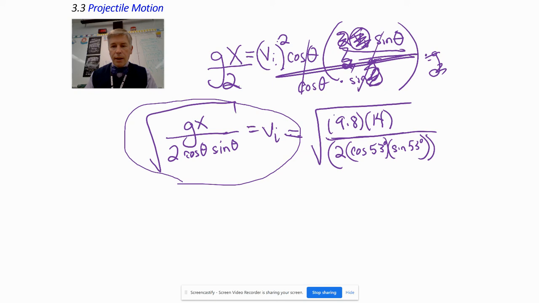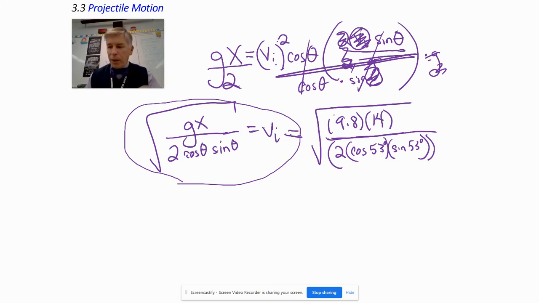So I'm going to go ahead and do that. Let's see if I can get this set up. I've got 9.8 times my 14, and then I've got 2 times the cosine of 53 degrees times the sine of 53 degrees. Make sure that you're in degree mode if you haven't been changing that. And then that's what VI squared is. So don't forget to square root it, because if I just do the inside, I get 142.